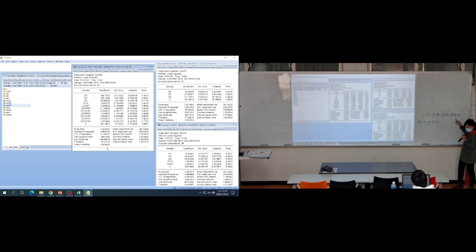When D3 equals 1, Y is beta 0 plus beta 2. When D4 equals 1, Y equals beta 0 plus beta 3. So can you explain what the coefficient beta 1, which is 14.69, means?